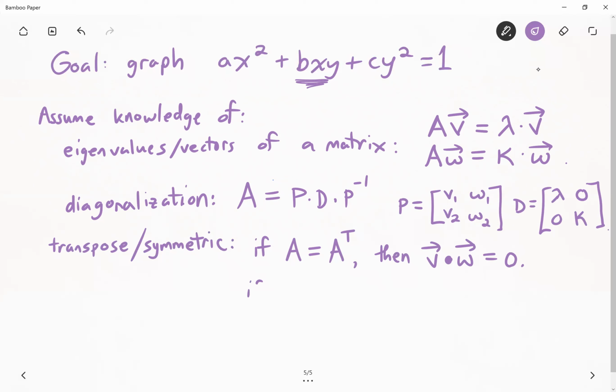So if also you choose your eigenvectors so that they're both normal or they're both unit vectors, they both have length 1, and so if that's also true, then it turns out that the matrix P is a rotation matrix.